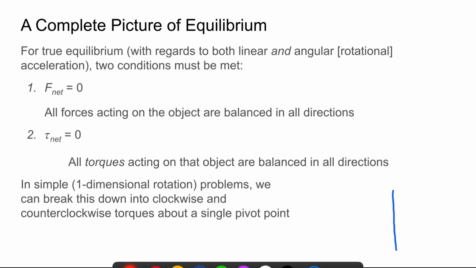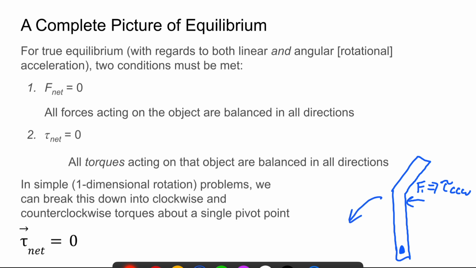So if we think about, again, maybe our hockey stick on a pivot point like a nail, and we apply a force in this direction, this force F1 gives us a torque in the counterclockwise direction, right? If that's our only force, we're going to start rotating counterclockwise. However, if we have a second force going in the opposite direction, equal and opposite to that one, so a negative F1, that's going to give us a torque in the clockwise direction.